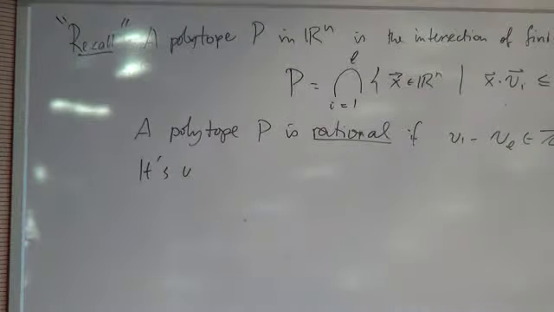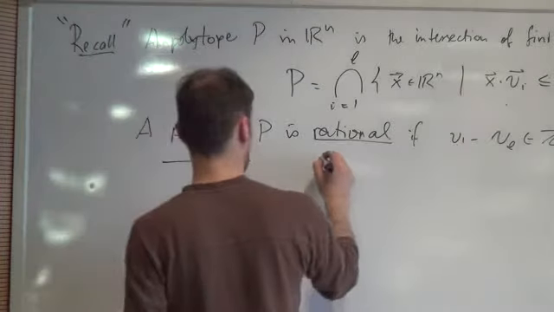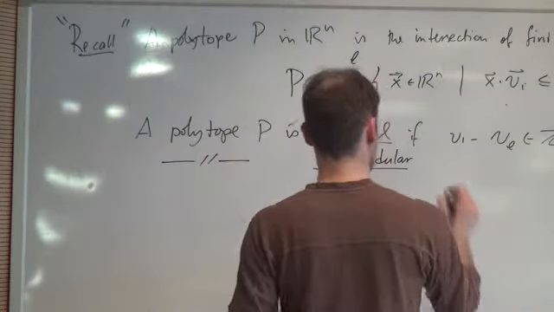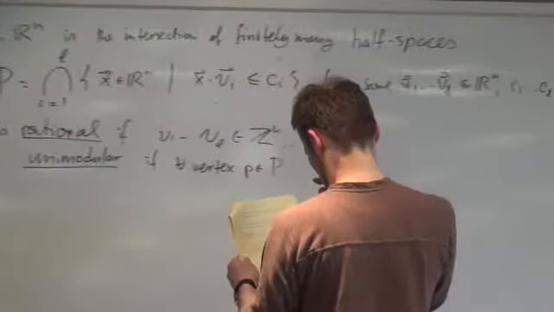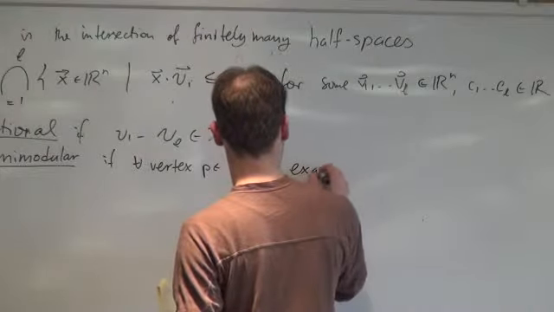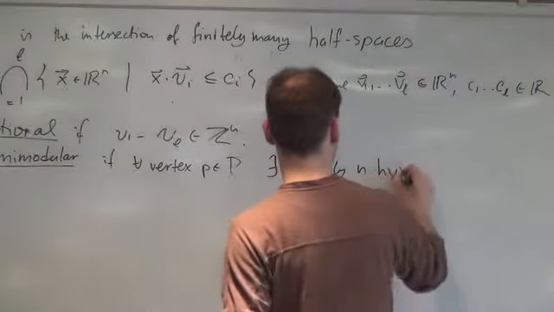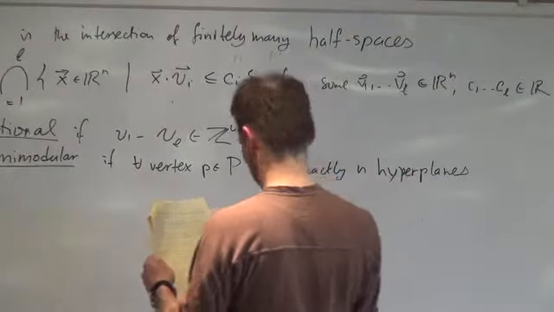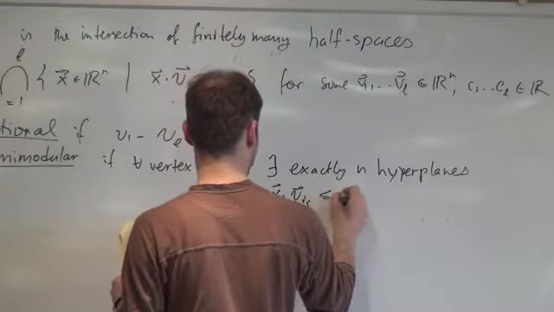Let me call the polytope P unimodular if for any vertex p of P, there exist exactly n hyperplanes, everything is sitting inside R^n, x dot v_{i_alpha} less than or equal to c_alpha.